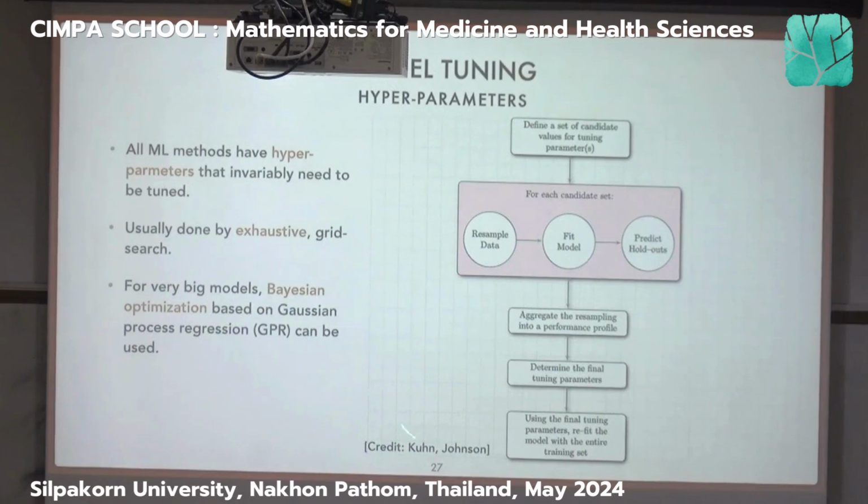I won't go into fine details. You try every possible combination of the 3 hyperparameters, and then you decide out of all of them which gives you the best performance.